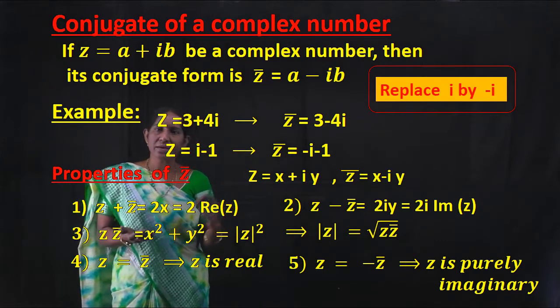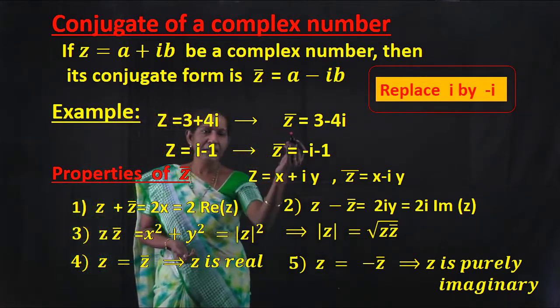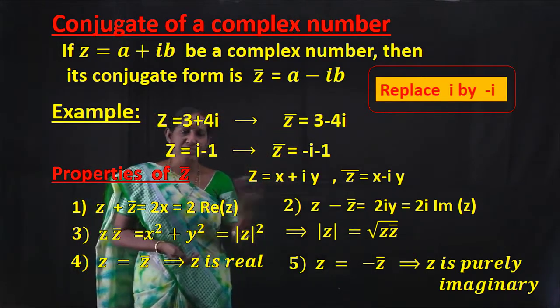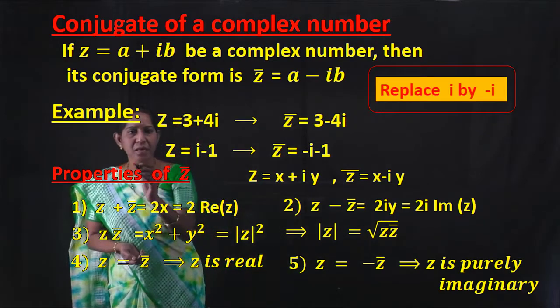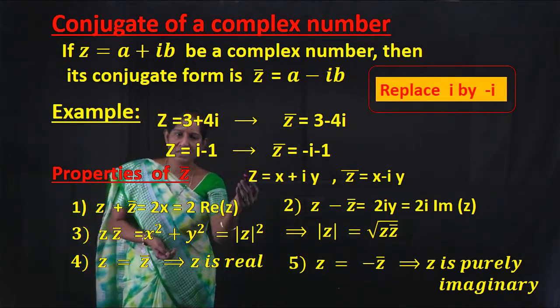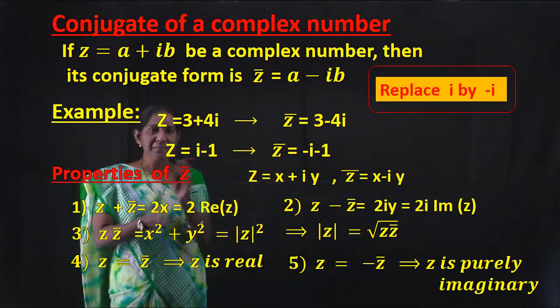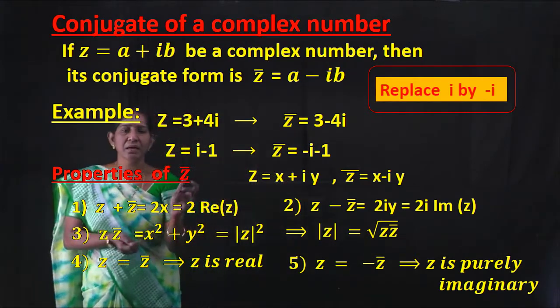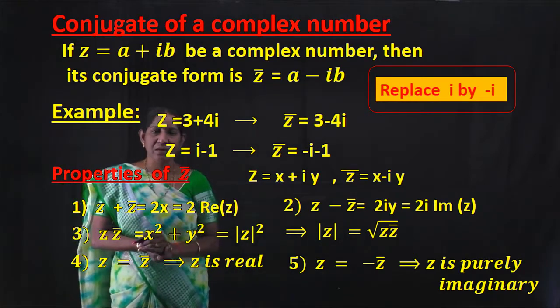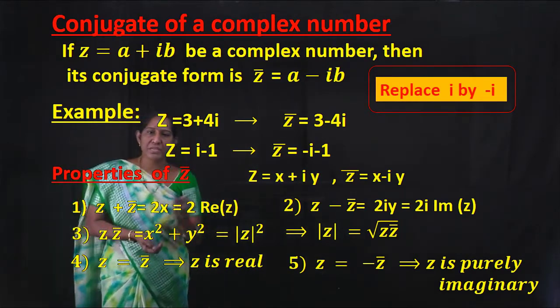Then conjugate of z is z bar, that is equal to 3 minus 4i. And next example, z equal to i minus 1. Then conjugate of z is z bar. Replace i by minus i. Then what will come here? Minus i minus 1.